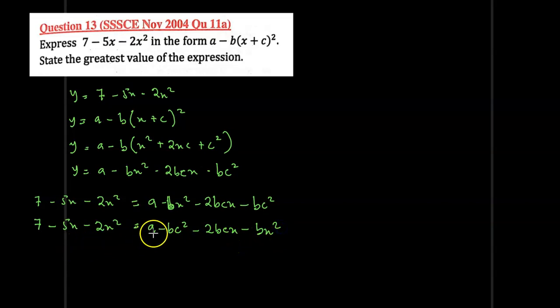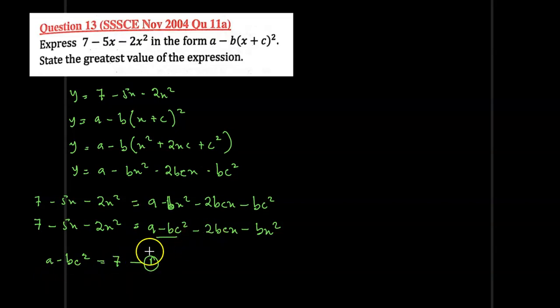So comparing, a minus bc squared is equivalent to the number 7, because that's the value without any x variable. That is equation 1.